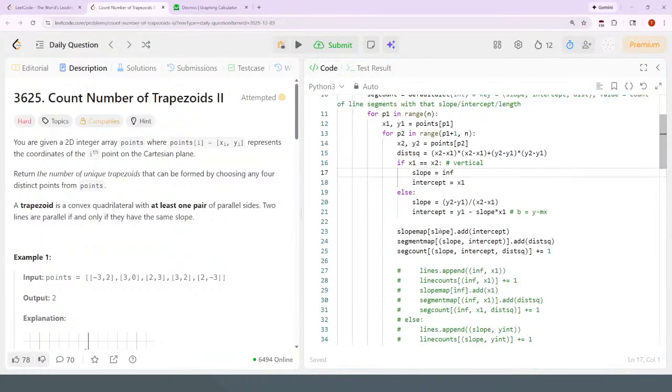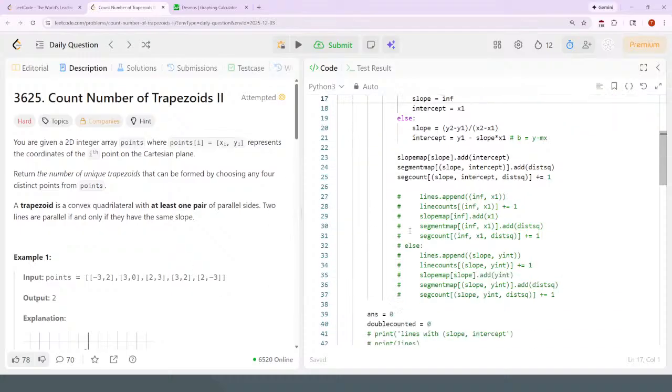Okay, slope map. So map every slope to a set of intercepts. Segment map. Add the segment defined by the slope, intercept, and distance squared. Add that distance squared to the set of things defined by the slope and intercept, basically the line. And then the segment count, every line and distance segment.